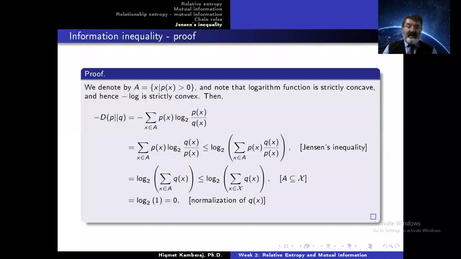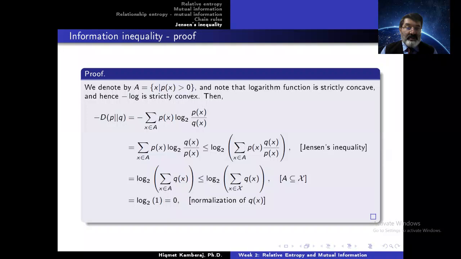Now if I simplify p of x with p of x, then I get the third line, which is equal to log with base 2 of the sum of all x's from A, q of x. Now since A is a subset of the alphabet set chi, if I write the sum not just over A but over all the alphabet set chi, then this is less or equal to log with base 2 of the sum of all x from chi, q of x.